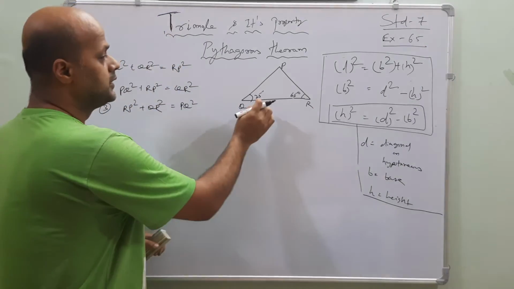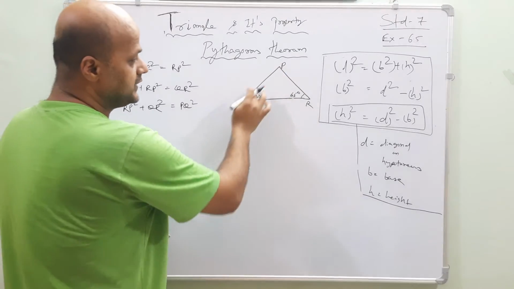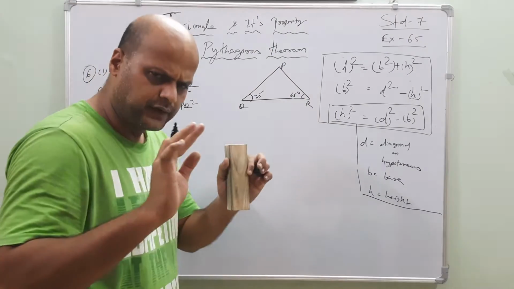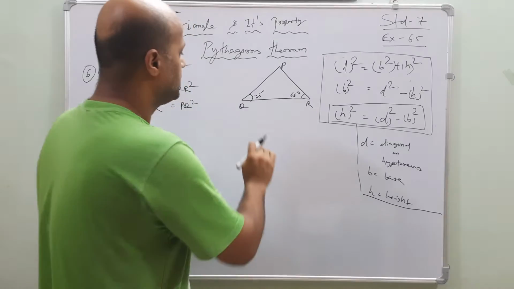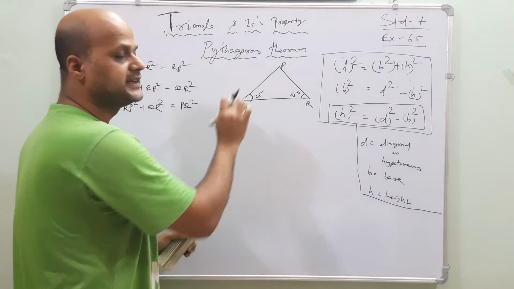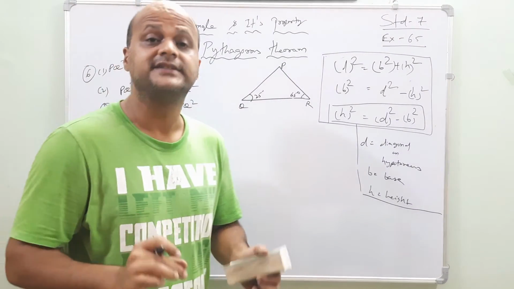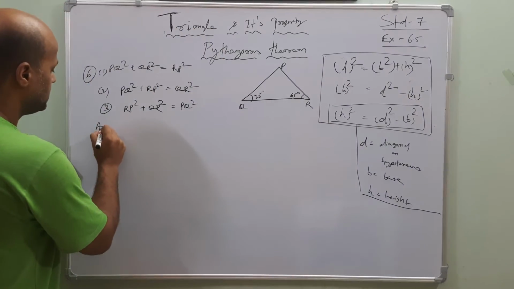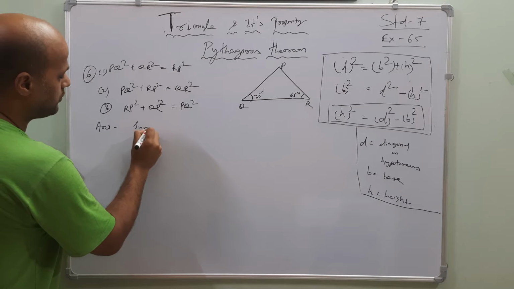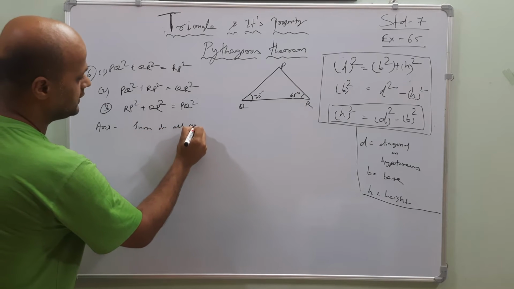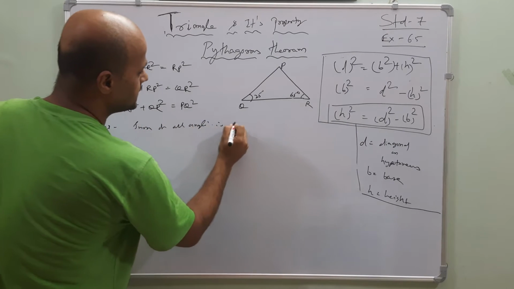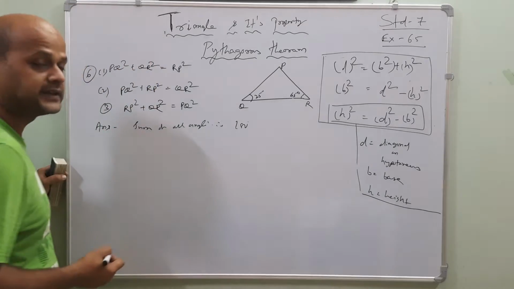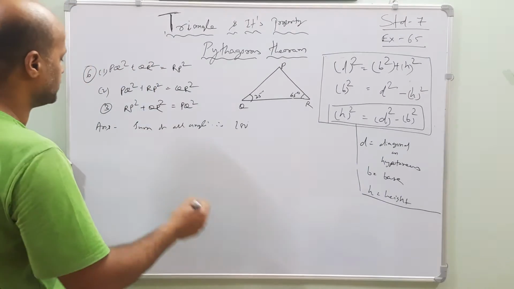We know that for a triangle, the sum of all angles is 180 degree. So you have to write it first: sum of all angles is 180 degree. That is the angle sum property. We know it. Yes or no?